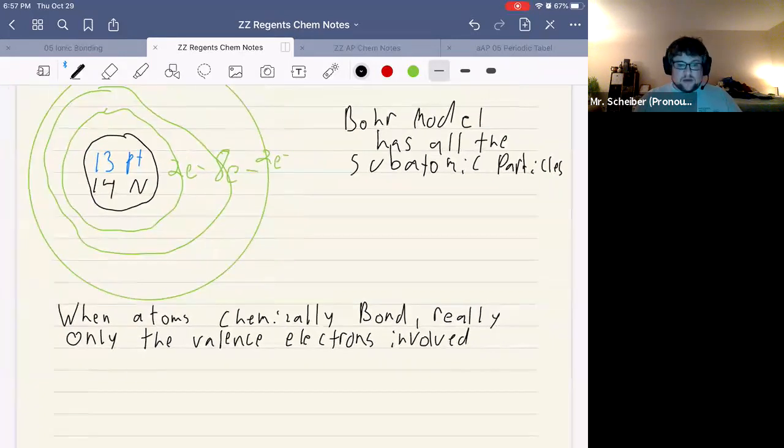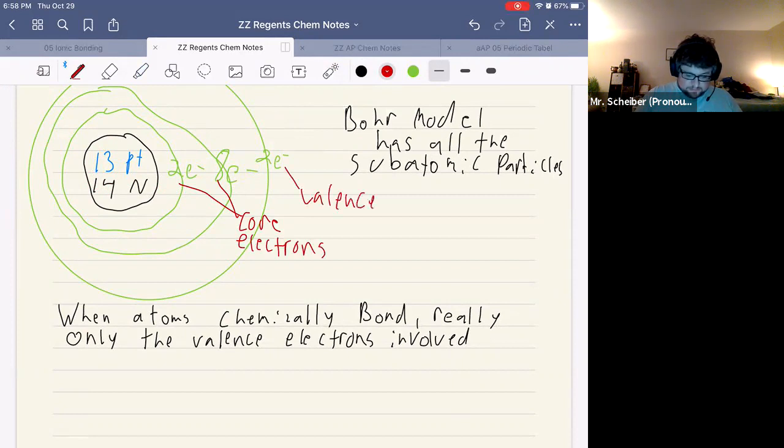And because of that, we have a special way of drawing the model that doesn't include the protons and the neutrons and all of those core electrons, right? Just in case you forget, remember that the inner electrons are called core electrons, and the outermost electrons are the valence electrons.